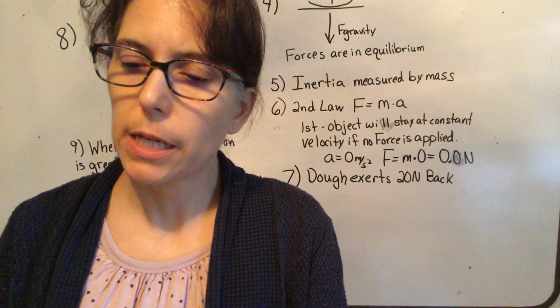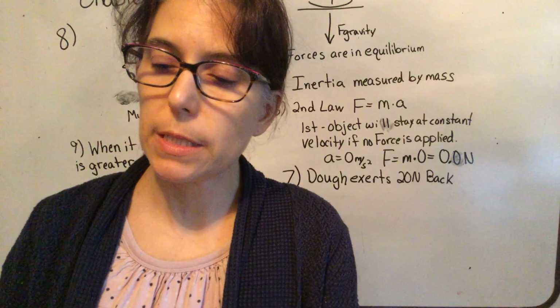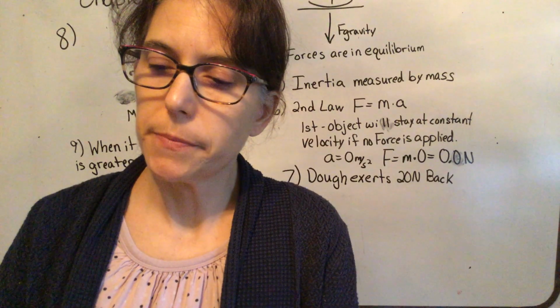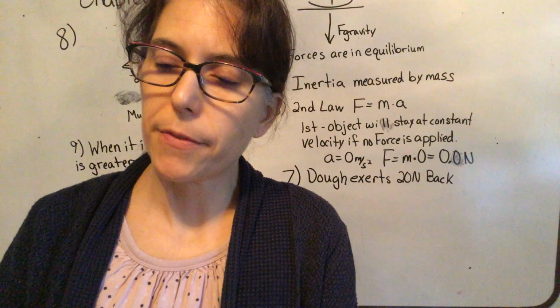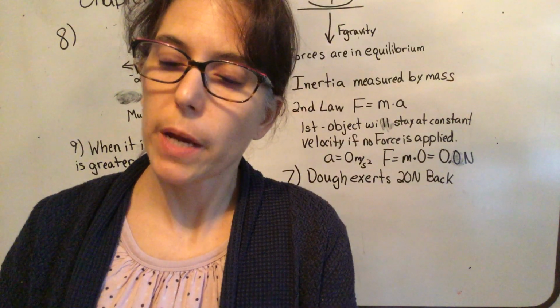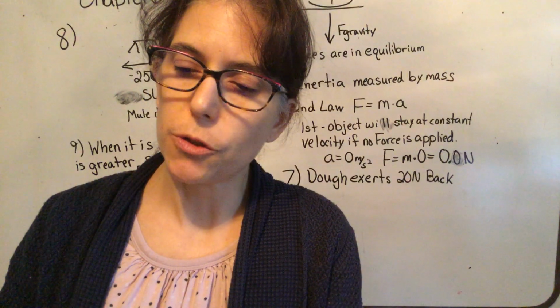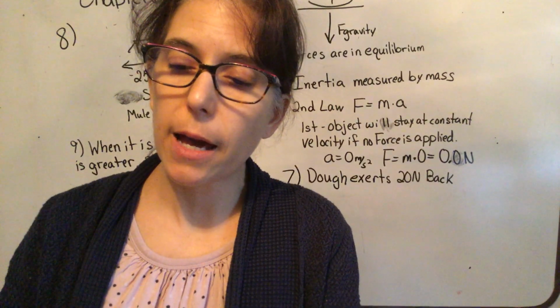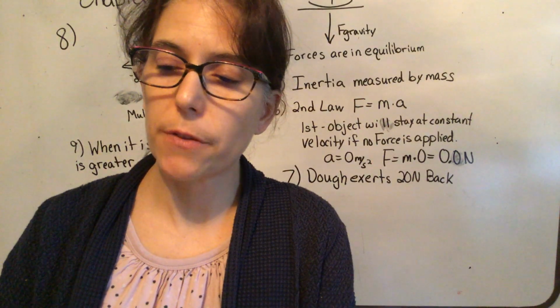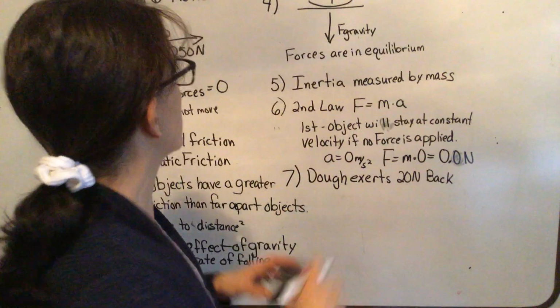Number 12. In order for you to use the distance formula, d equals 1/2 a delta t squared, what assumption must you make? And how does this assumption apply to free-falling objects?